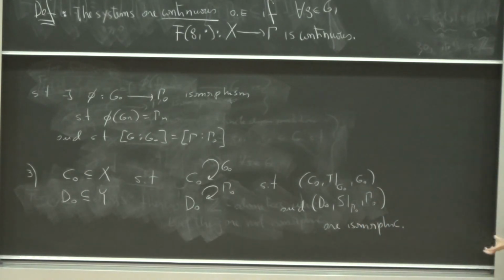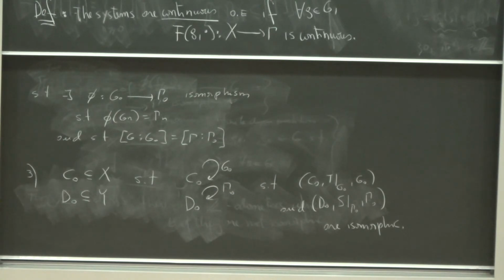So for odometers, continuous orbit equivalence is equivalent to having an isomorphism, but for subsystems, which are not exactly the system but are not so far from being the system.